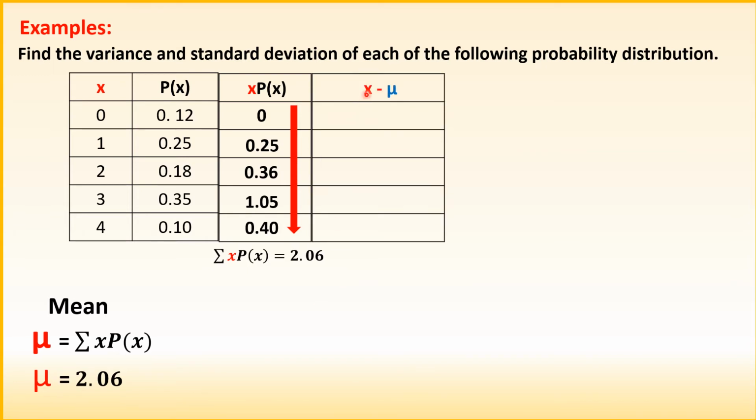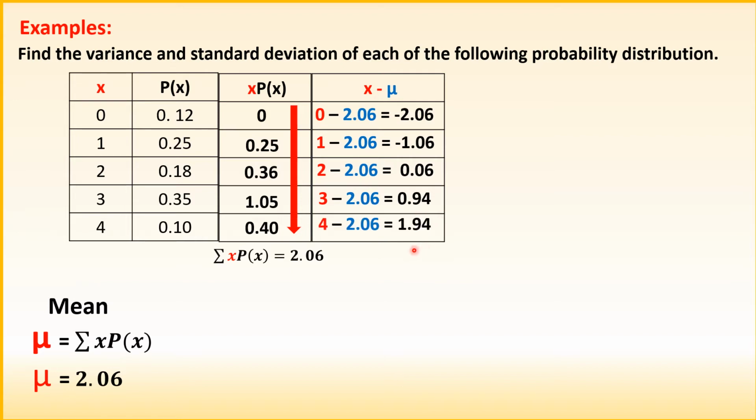Next table natin, yung x minus natin sa mean. So, yung x natin, yung outcome natin, ito yon, yung 0, 1, 2, 3, and 4. Subtract natin siya dito sa mean natin. So, we will have now negative 2.06, negative 1.06, negative 0.06, 0.94, and 1.94.